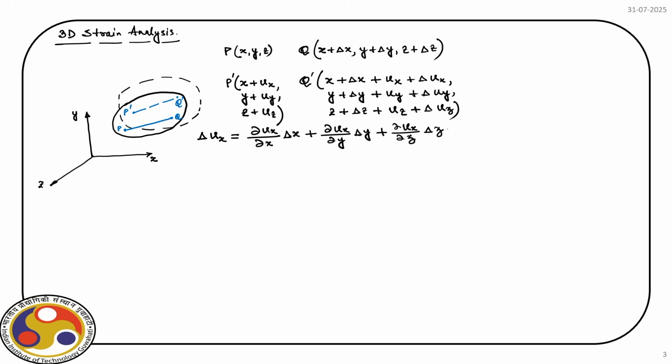And carefully note all these components ux, uy, uz are functions of x, y, z, and that is the reason we have their partial derivatives with respect to x, y, z.